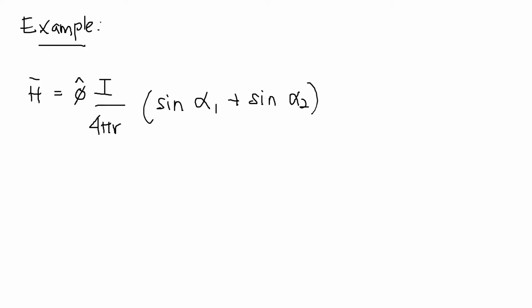In the diagram it shows that this is the I, and the H that we want to calculate is at this particular point, thus the R links it, and here we can get the alpha 1, and this will become alpha 2. So this equation is referred to this diagram.